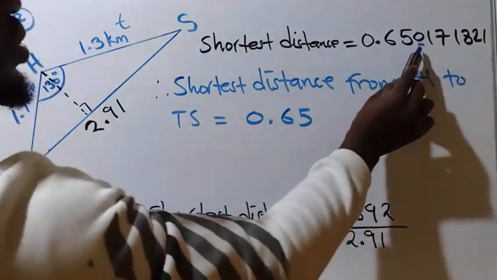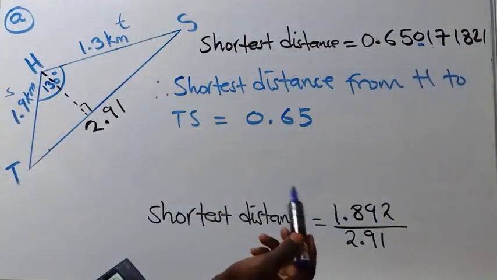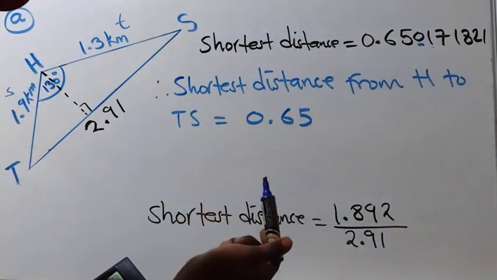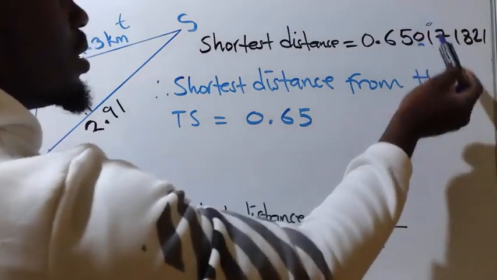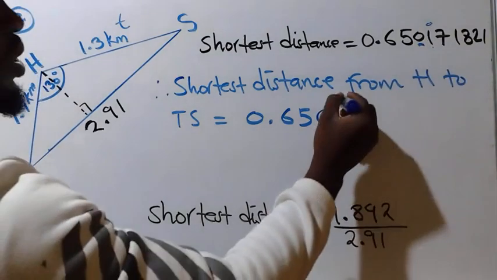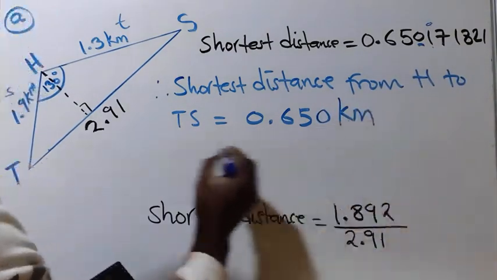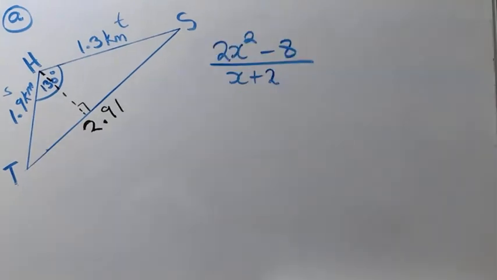Now this 0 is going to be rounded off by 1. Remember what I said, if the number that is rounding off the next number is less than 5, it's a 0. So 0 plus 0, you still get a 0. You even put the units, kilometers there. So this is the shortest distance from H to TS.